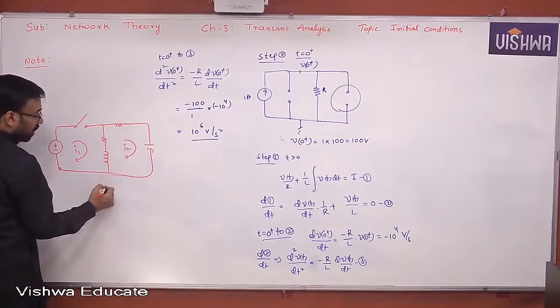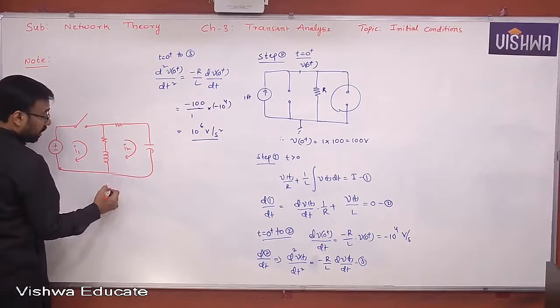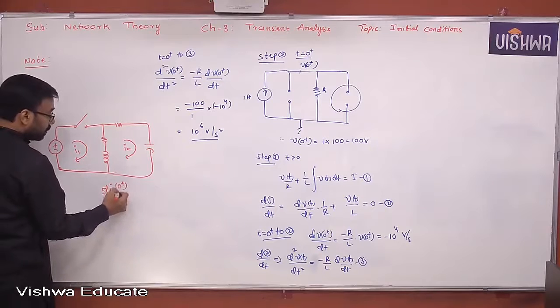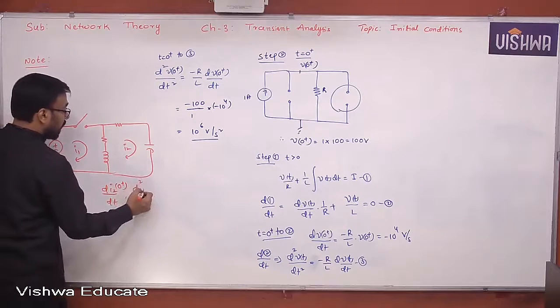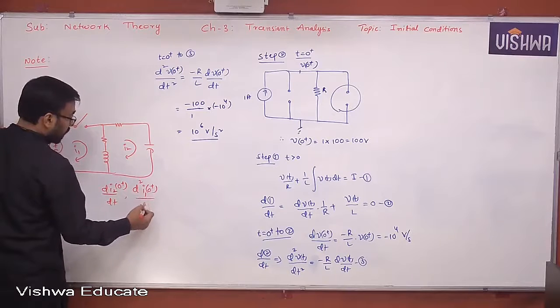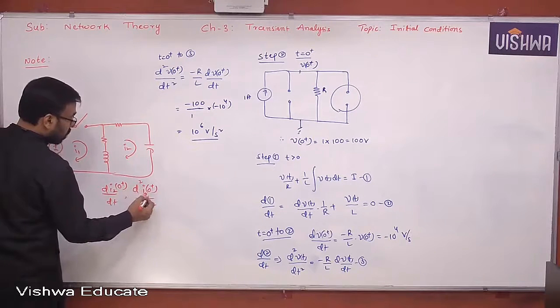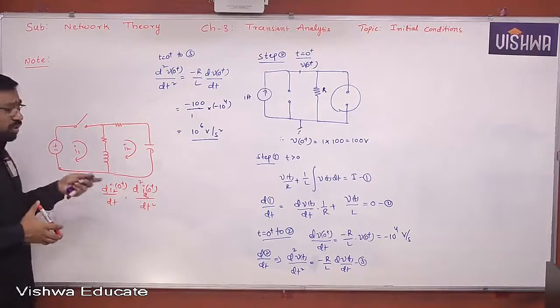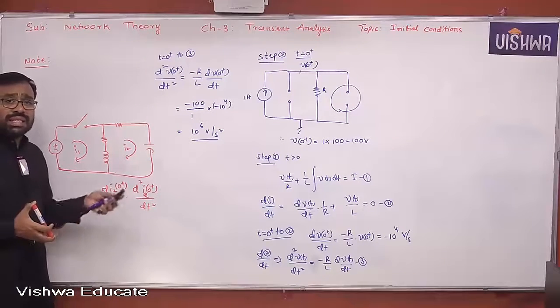For example, you are asked to find dI2 by dt of 0 plus, or d square I1 of 0 plus by dt square. Yes or no? Or let us say I2, otherwise it's not a problem. You can take 2 or 1, it doesn't matter. So like this, questions can come in the exam.